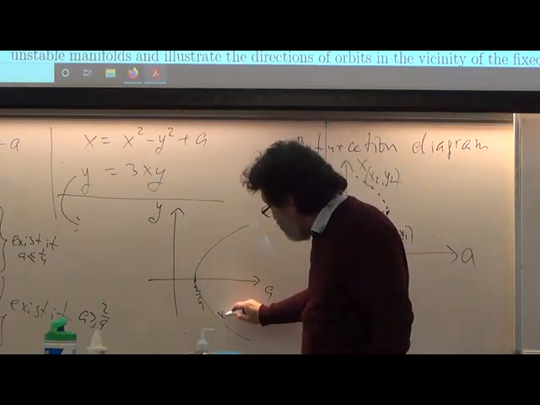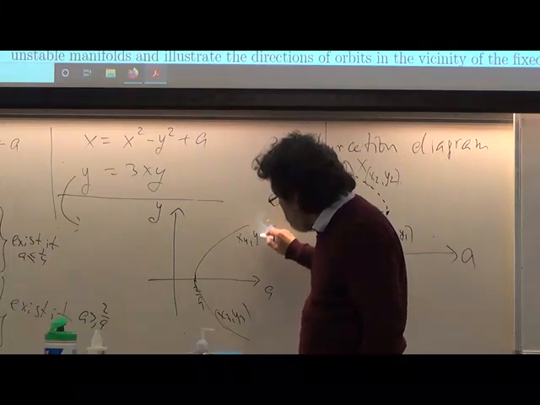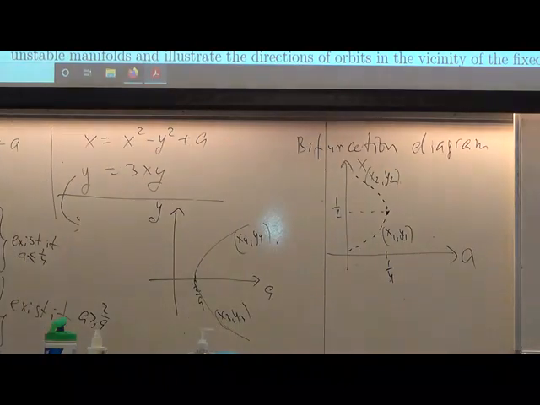This is x3, y3, and this is x4, y4. If E is less than quarter, we have 2 fixed points.